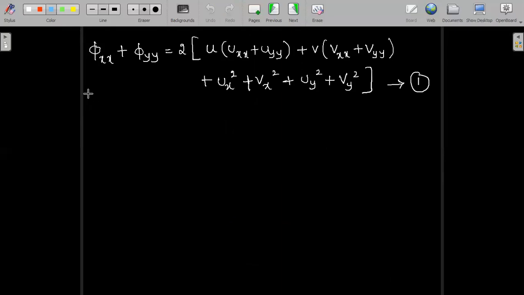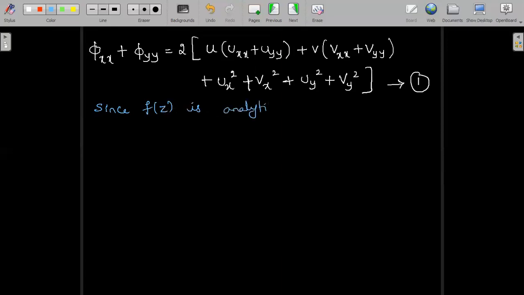That is, one is CR equations. Then the other one is in the harmonic functions, we learned a concept called the real and imaginary parts of an analytic function are harmonic. So both of these we can use since f of z is analytic, which is given for us.